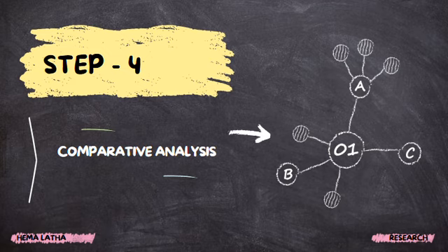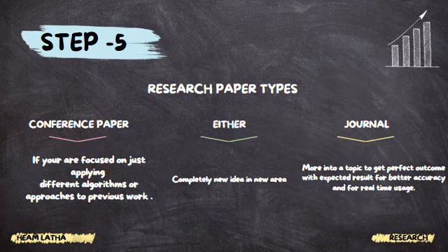Then here comes the step. As I said, there are two types of papers: conference paper and journal. Conference paper is based on the publishing institute. The number of papers matters. Few only need 4 to 5 papers, few only need 2 to 3 papers including literature review. But for journal it is completely 10 to 15 papers or 23 papers.